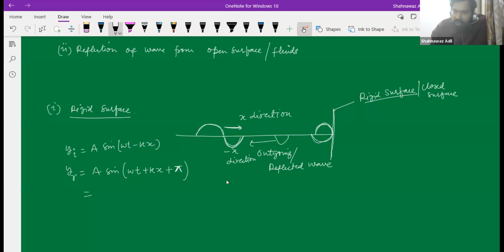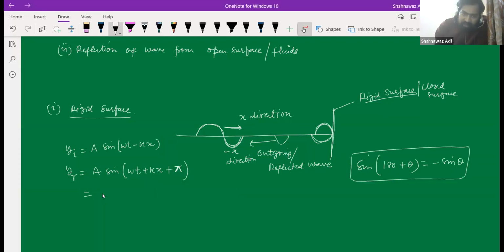So we know that sine of 180 plus theta is minus sine theta, right? Using this property, this is pi, so we can write minus A sine of omega t plus kx.